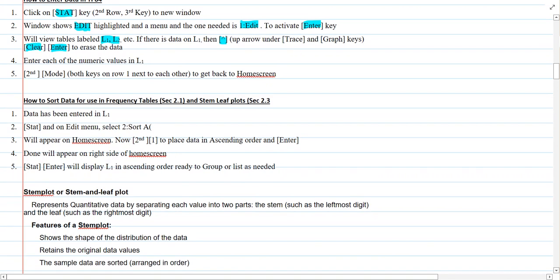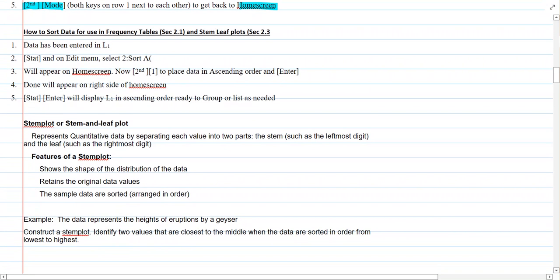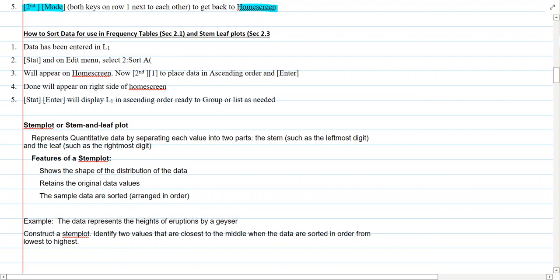I've stated that the up arrow is underneath trace and graph. Enter each data value in line 1. Then you do a second mode, both keys are on row 1 next to each other, to get to the home screen. That's where we want to be in order to give it a command. Now we want to sort the data for frequency tables.